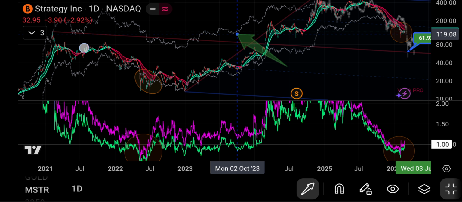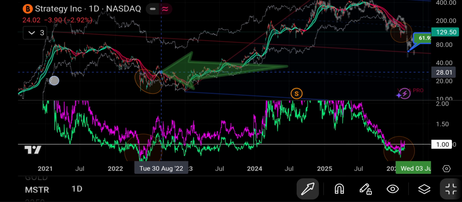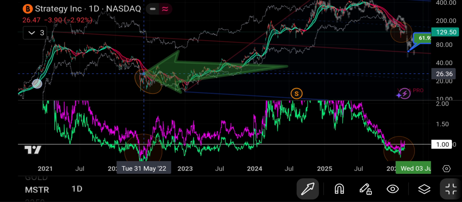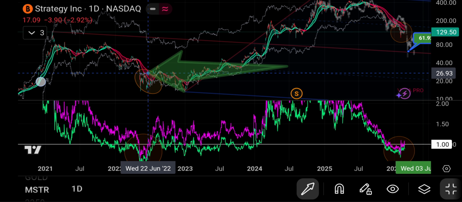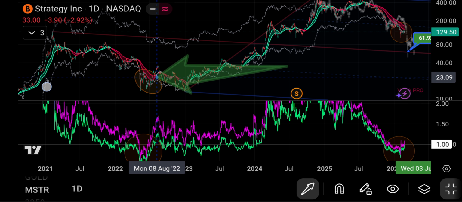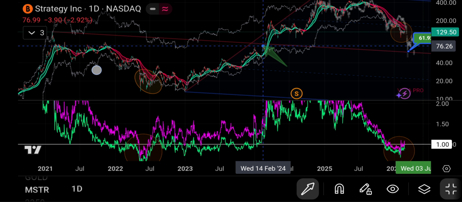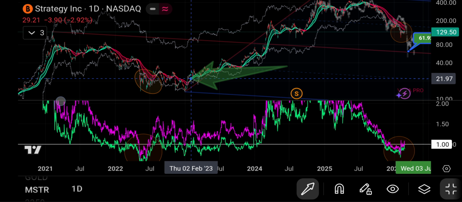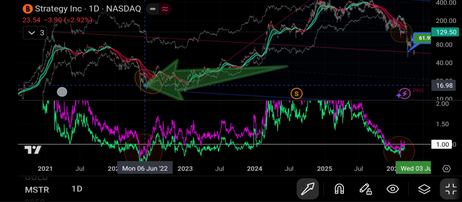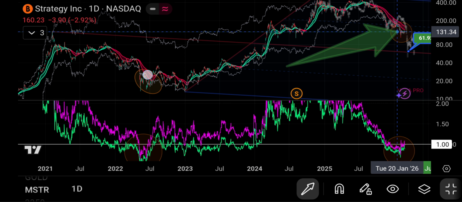So the price moves between those two, and they are the main ones that we will be using. In this area here, you can see a circle that represents the best price to enter, like here and here, because we are below one M-NAV.